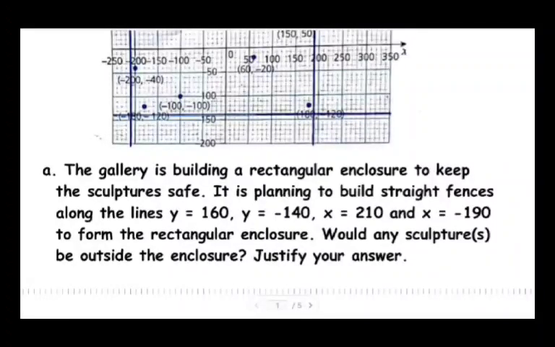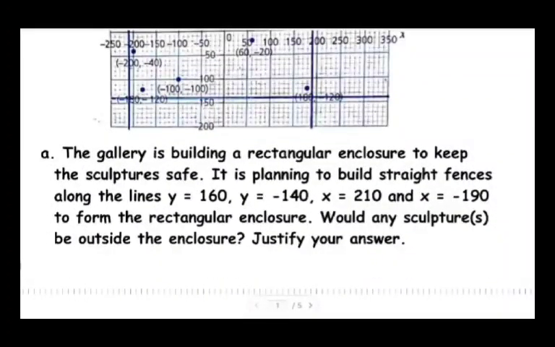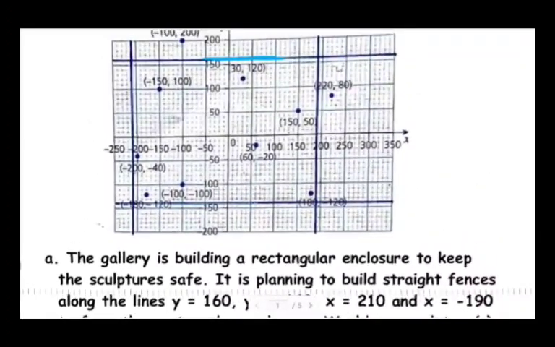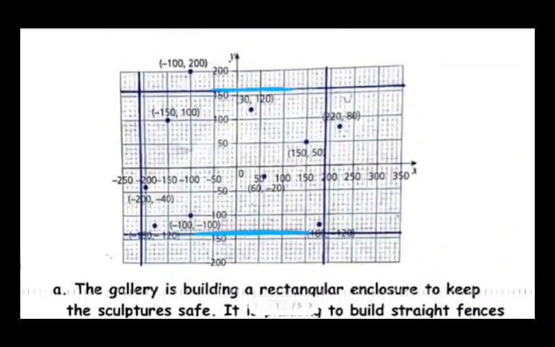It is planning to build straight fences along the lines y is equal to 160. Where is y is equal to 160? It's this line. Then y is equal to minus 140, so below 0, this is y is equal to minus 140. Then x is equal to 210. So where is 210?